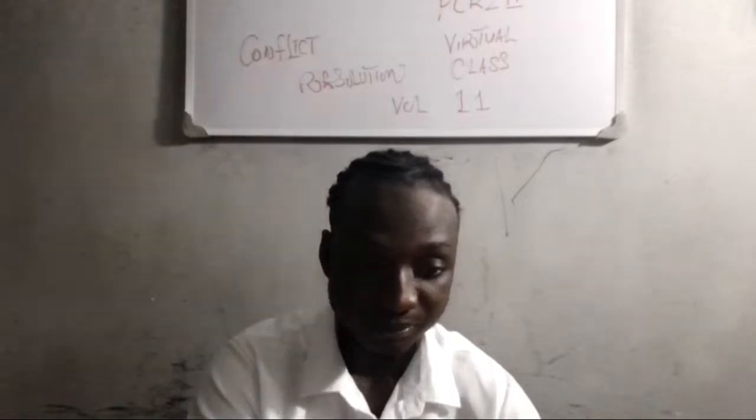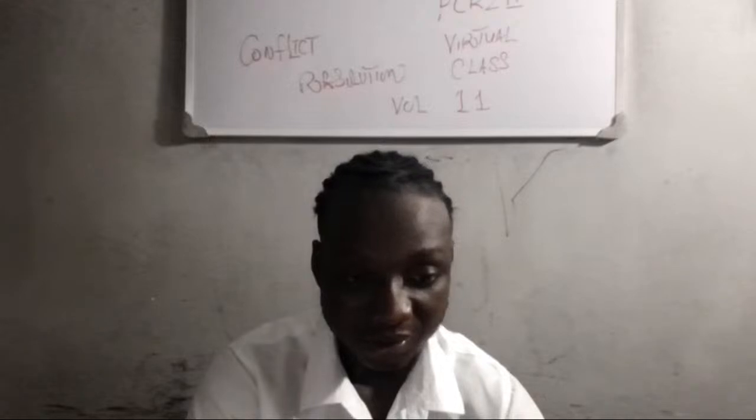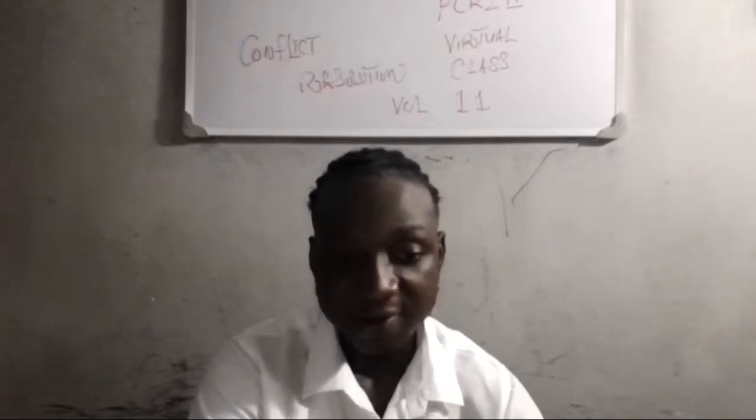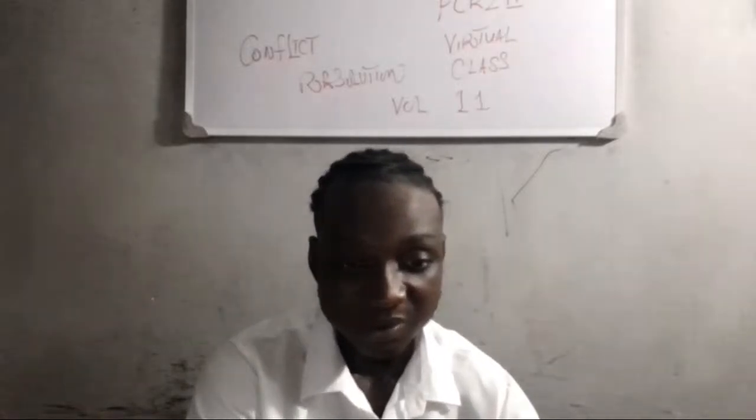And we have forms and types of intervention. We talked about intervention before now. So we have internal intervention, external intervention, punitive intervention, and subversive intervention. Let me start with internal intervention.